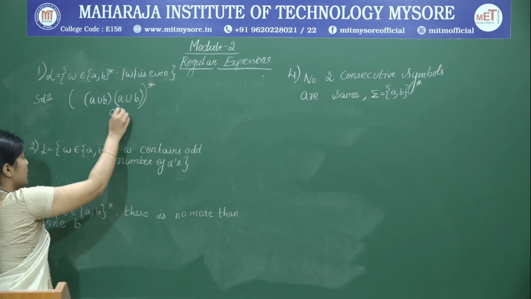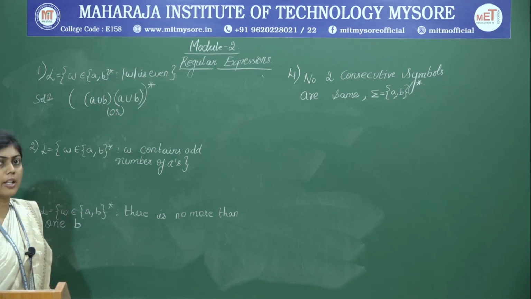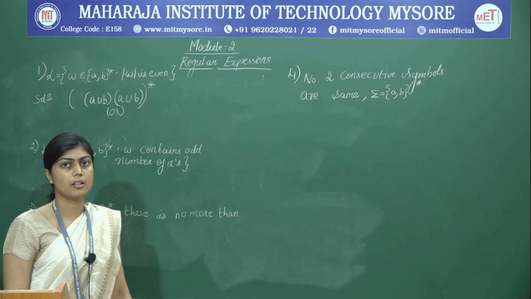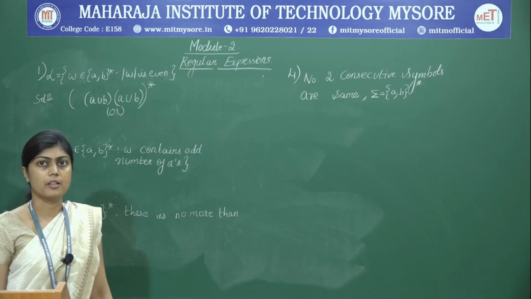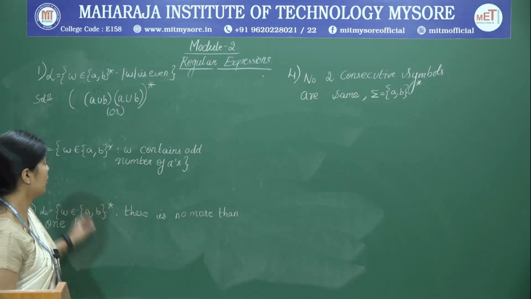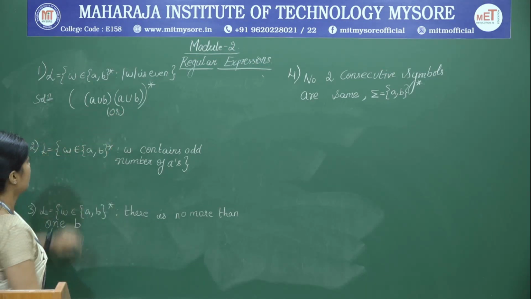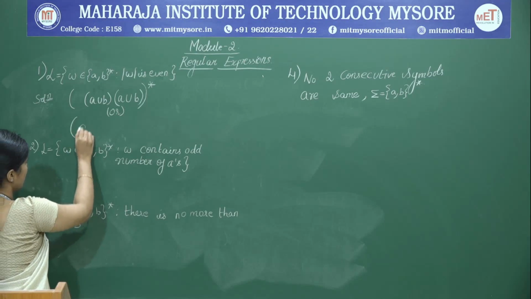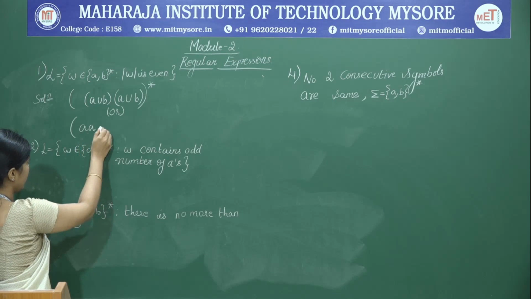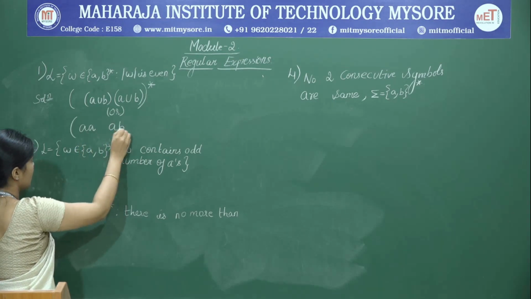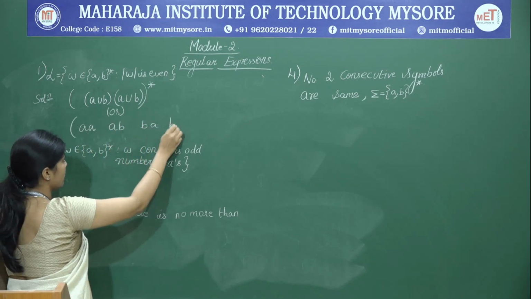Now, for any problem statement in regular expressions, it is always possible to have more than one way of representing the regular expression. The same thing can be interpreted as: the possible length two strings are aa, ab, ba and bb.